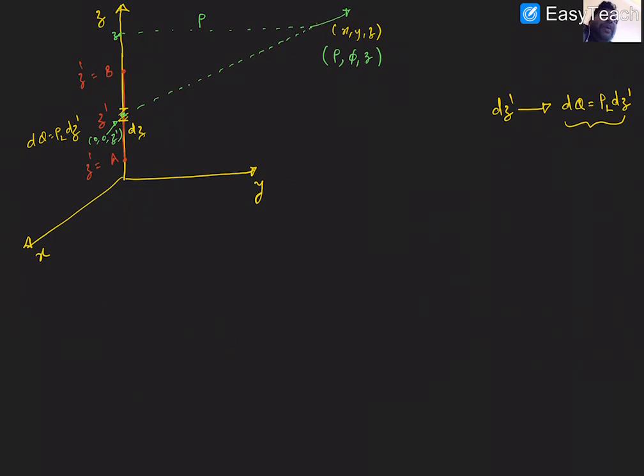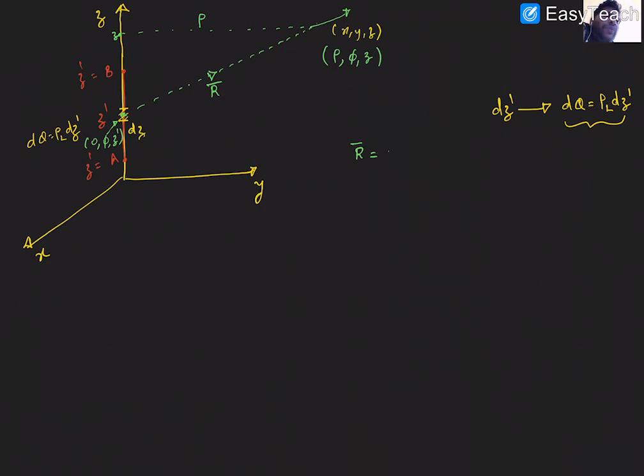Now I can find the vector connecting point 1 and point 2, that means this point and this point, which is the vector r. Actually, sorry, this point is nothing but, I can consider it like this: the radial distance is 0, and it is in the same direction as the point x, y, z, so 0, phi and z dash.